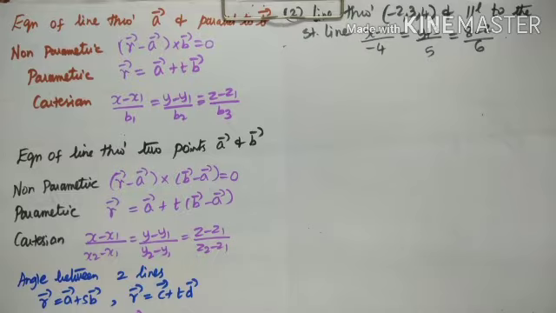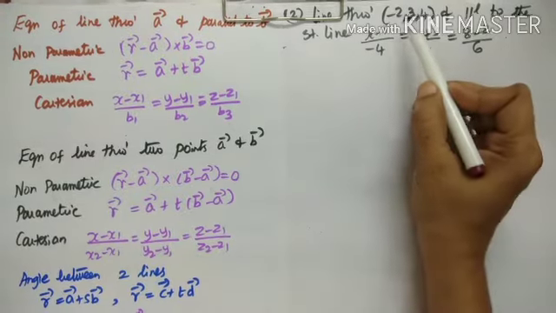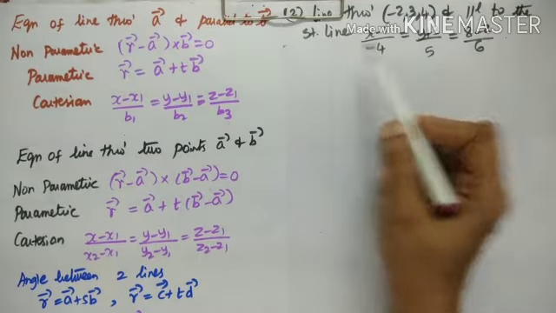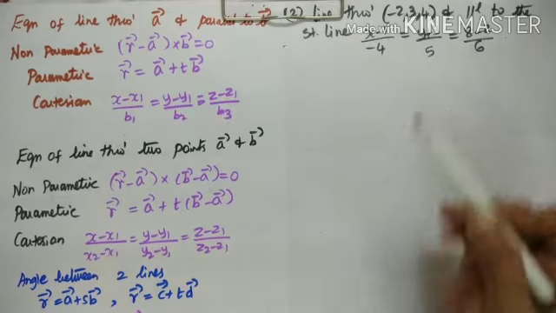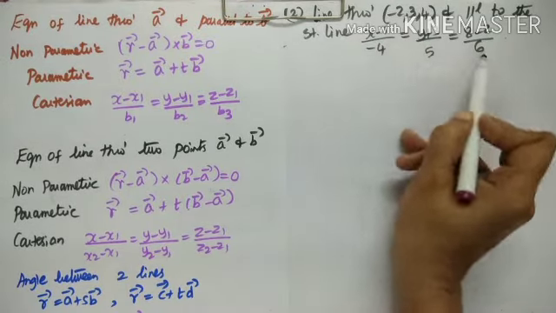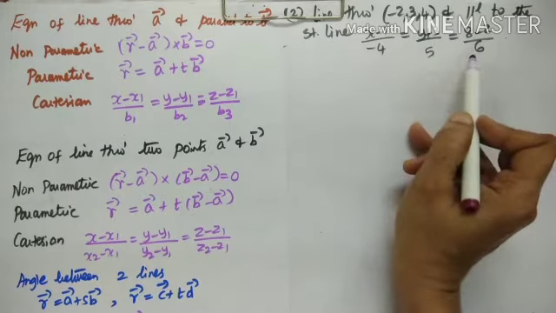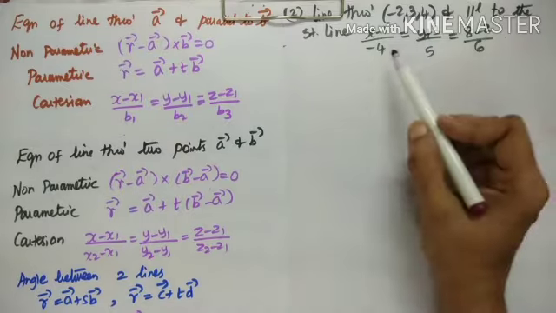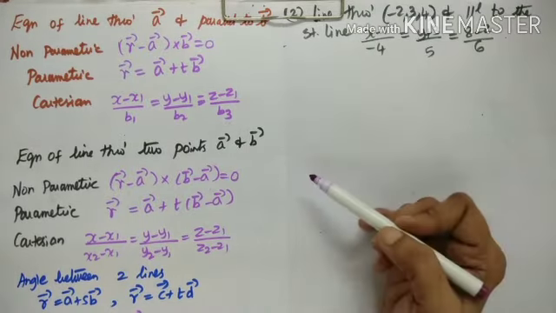Question number 2. Line passing through -2, 3, 4 and parallel to another line is given. When they give a line equation, denominator represents the direction. So, in the previous problem they gave direction directly. Here it is given parallel to a line.